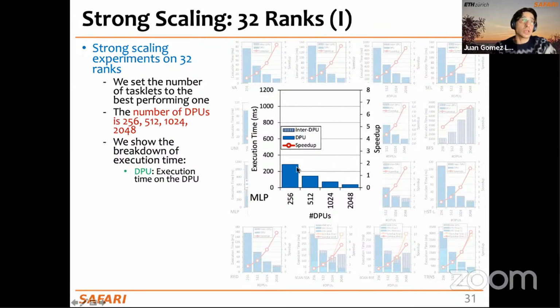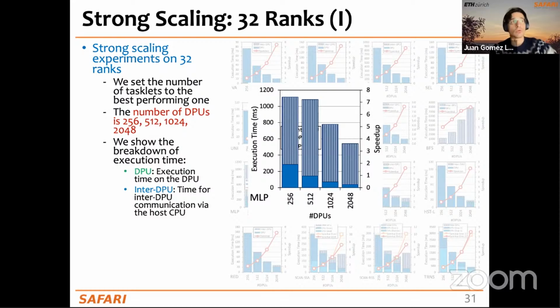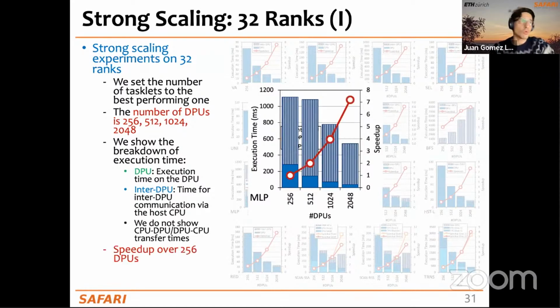This is again the DPU kernel time and the inter-DPU time. Here we are not showing CPU-DPU or DPU-CPU transfers. And this speedup line corresponds to the speedup over 256 DPUs.